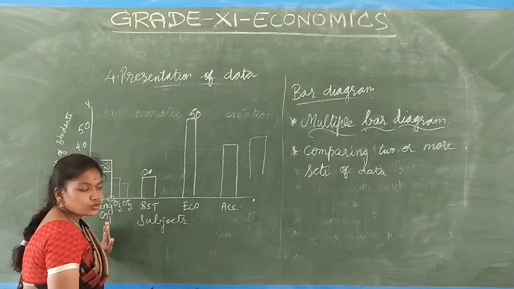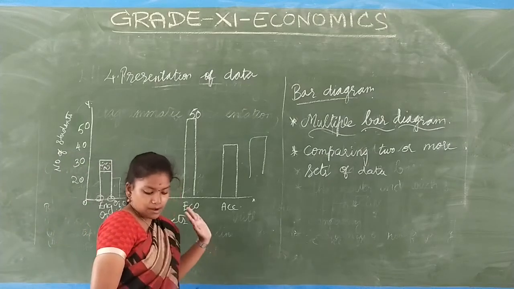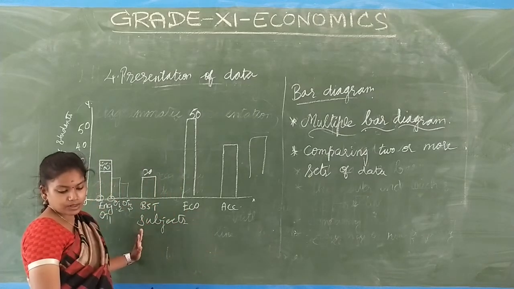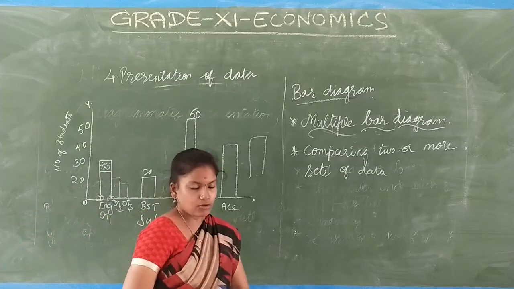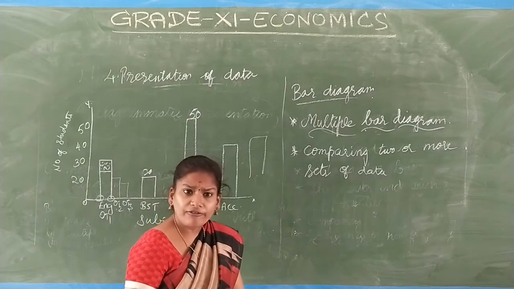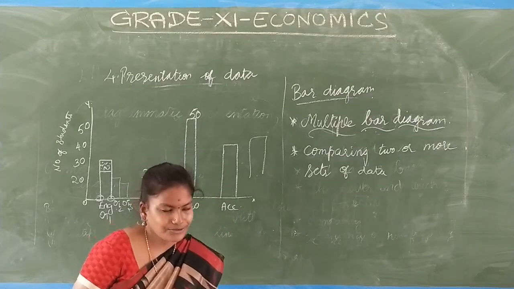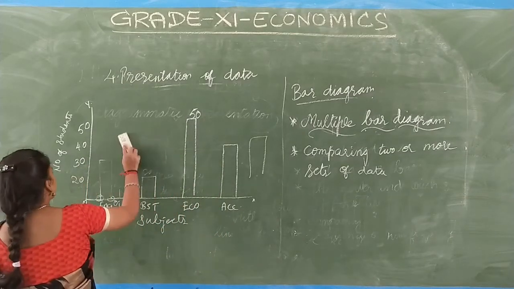Comparing two or more sets of same data, where we use multiple bar diagram. Fine. So when you have different years, same data in different years, income of a family in different years.